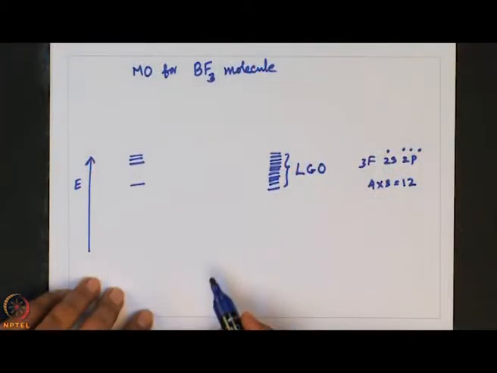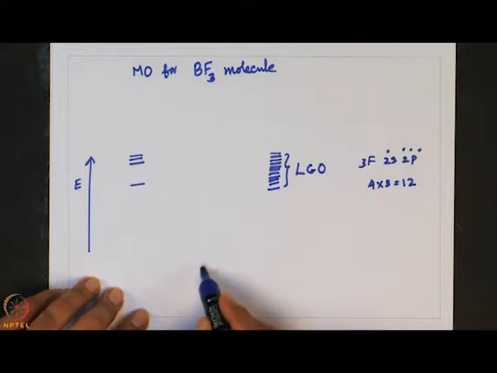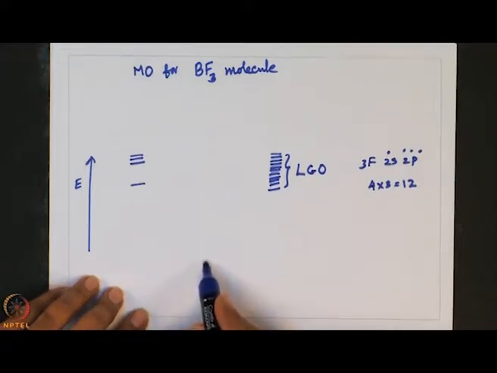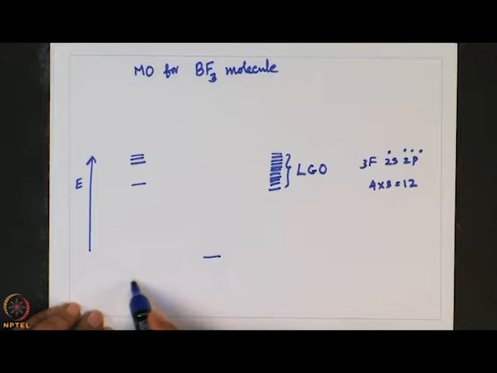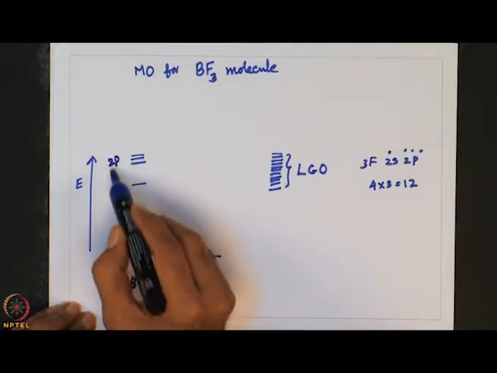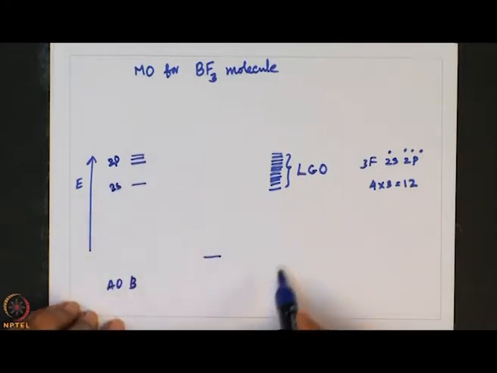Out of this, let us start writing, and I will tell you about those. The first one is here. This is the boron atomic orbitals 2p and 2s, and here the F3 fragment.